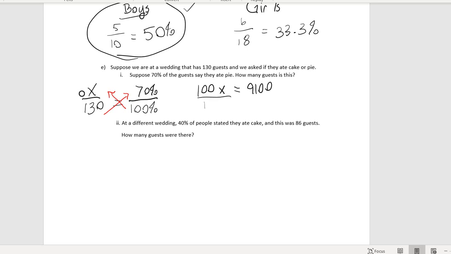And then divide both sides by 100. And we get that x equals 91. So we had 91 guests that said that they ate pie.